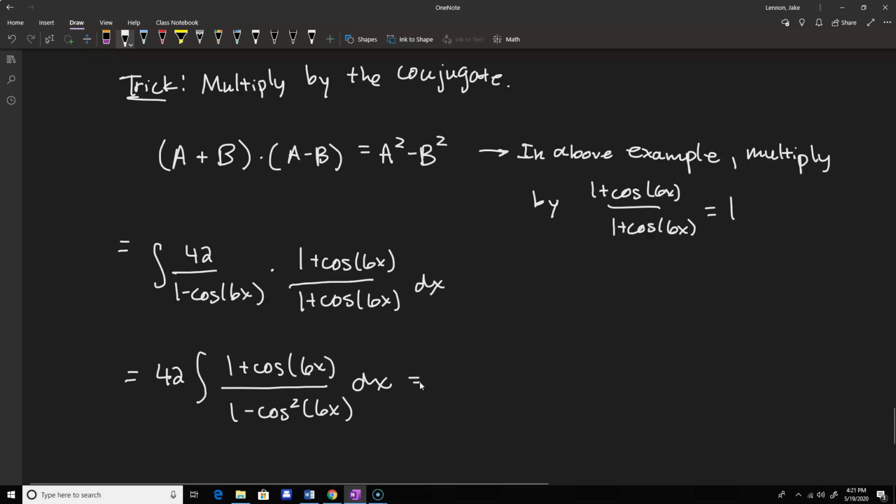And now we can replace the denominator. We can replace 1 minus cosine squared of 6x with sine squared of 6x. That is just the Pythagorean identity. So 1 plus the cosine of 6x over sine squared of 6x.